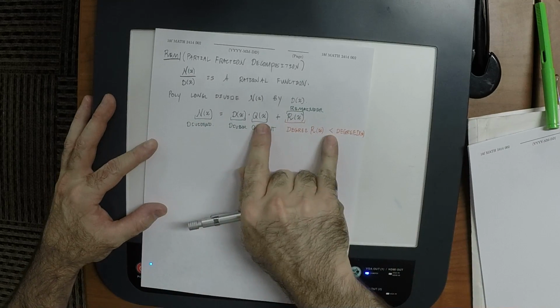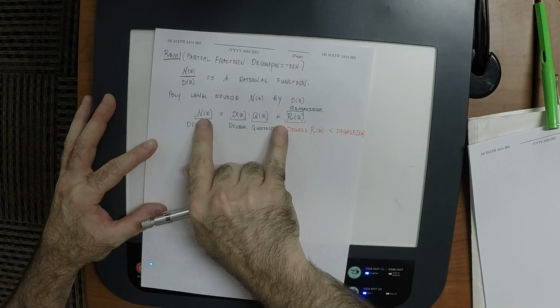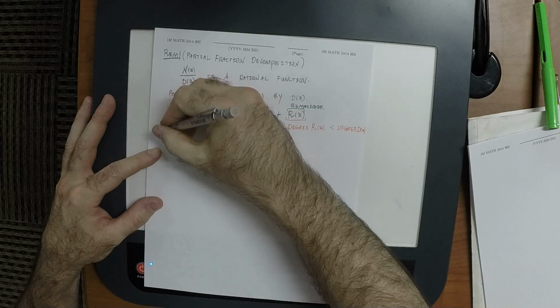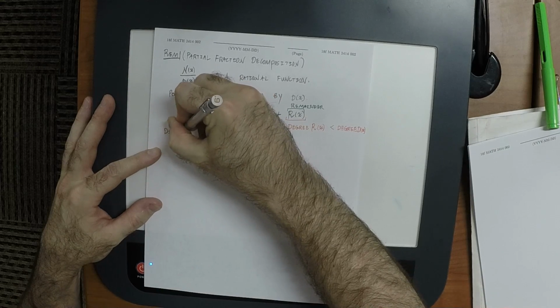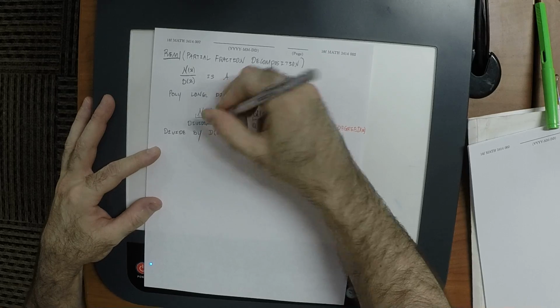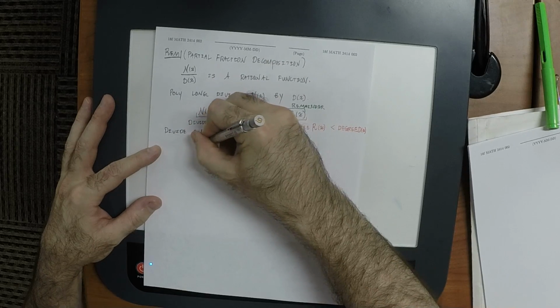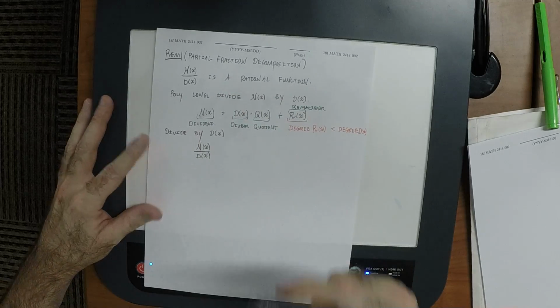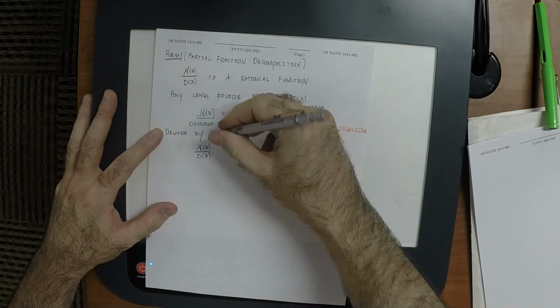So suppose you divide both sides of the equation by D. Then the left-hand side is what you started with, right? That's what we began with. And then what's the right-hand side?